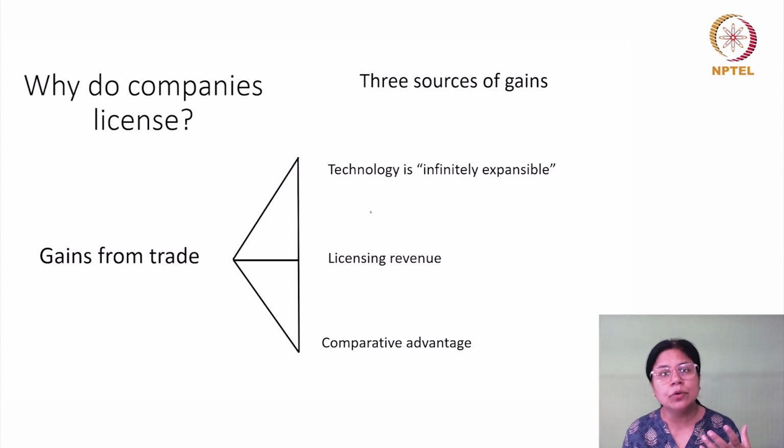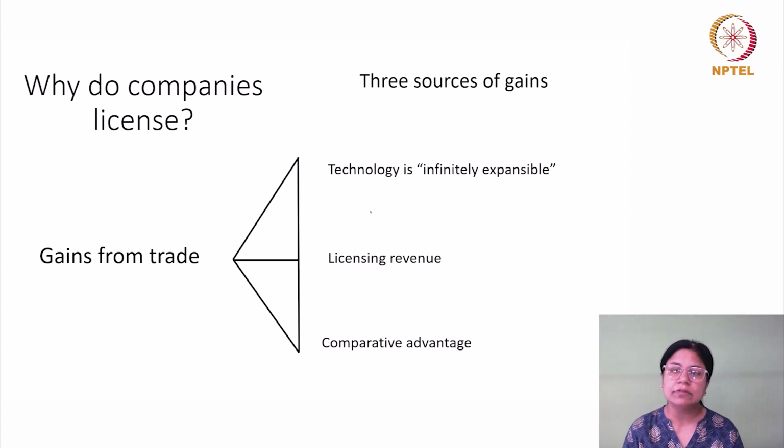Think from the point of view of any technology which is more of a general purpose technology, right? It is not possible that one company is able to create or provide the solutions to all the possible areas in which that GPT can be applied. So it makes sense to give it to a licensee, and let the users find the possible solutions to the different problems using this particular technology.